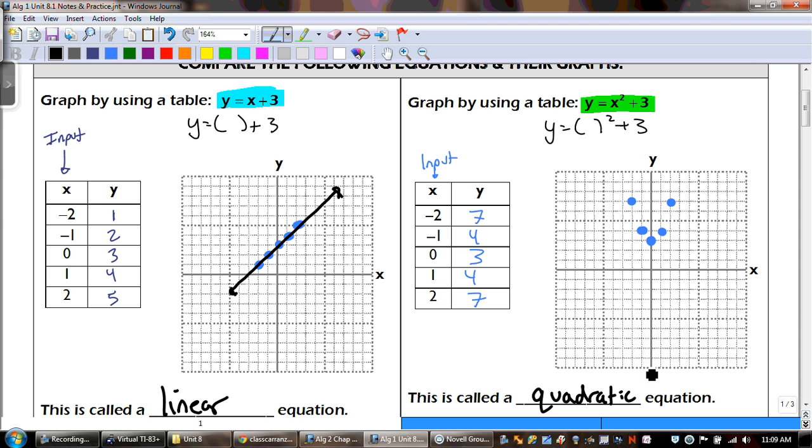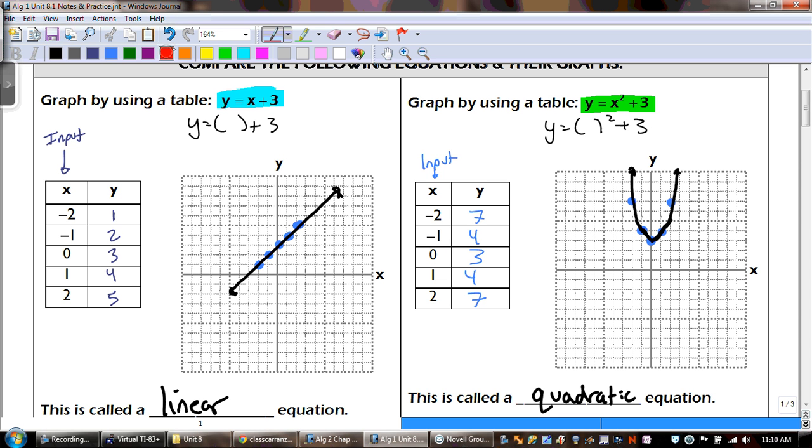When we're drawing a quadratic, it's not like connect the dots at all. When we draw a quadratic, we want it to be curved. So this bottom part needs to be curved.